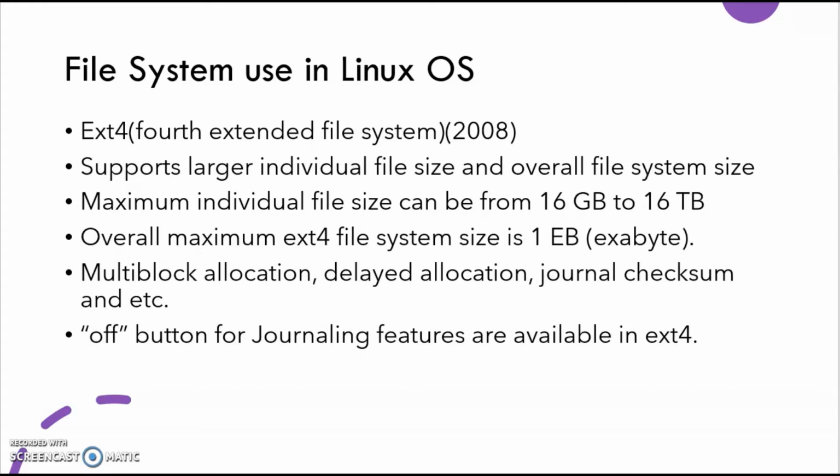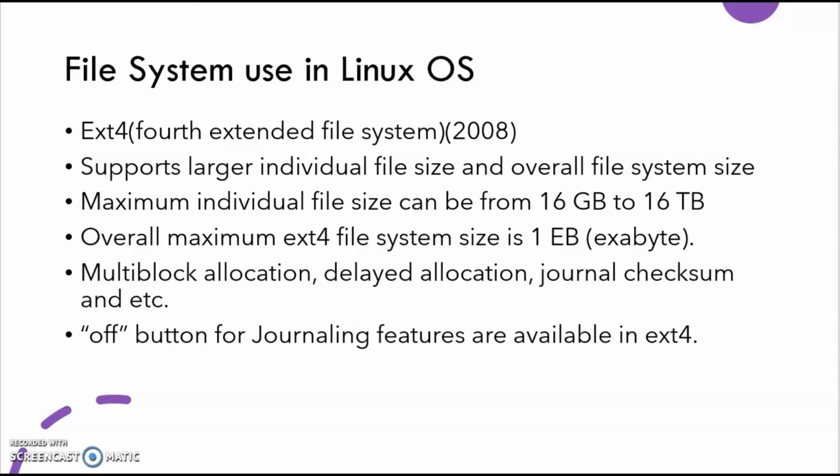Okay, next we are going to talk about the second type of file system used in Linux OS, which is ext4. It's also known as the Fourth Extended File System, and it was introduced in 2008. It supports larger individual file sizes and overall file system sizes than ext3.